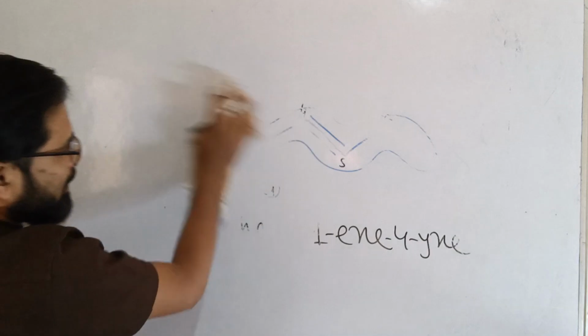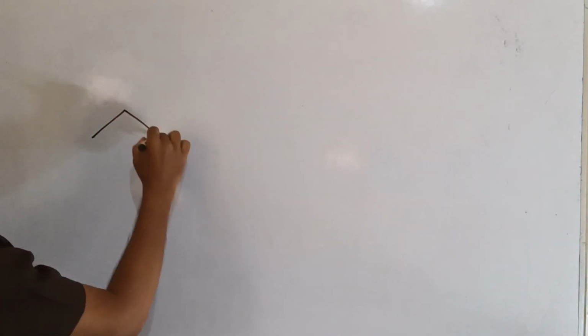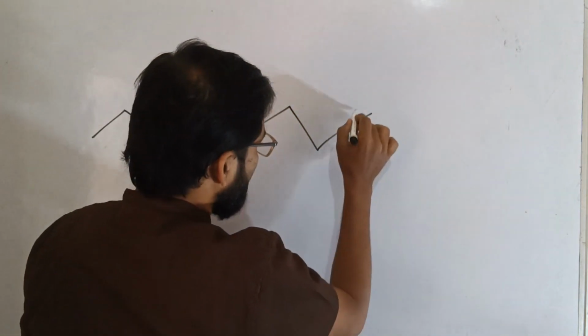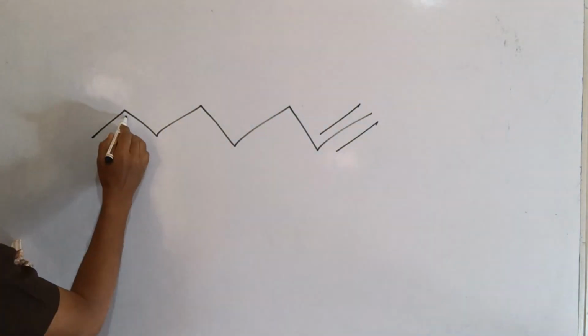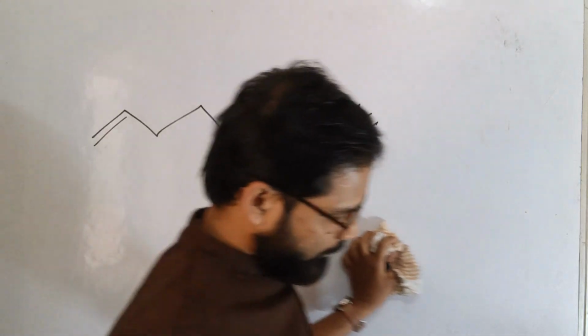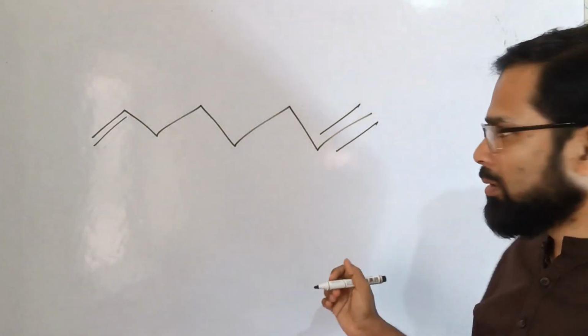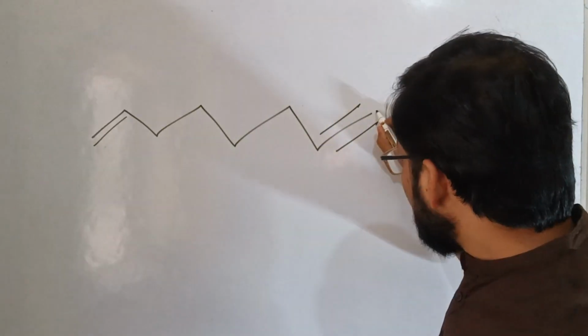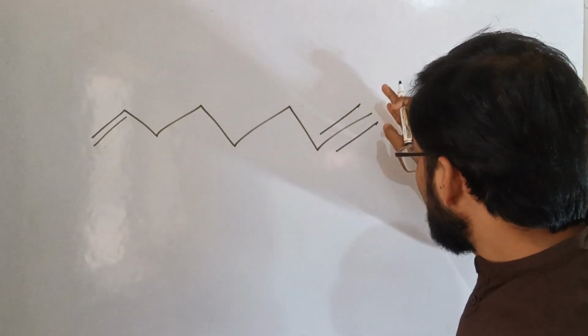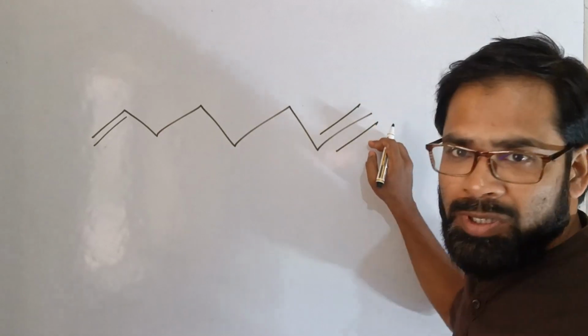If we see another scenario, let's say here a triple bond, here a double bond. Now the numbering. If we start from the right side, the first carbon has the triple bond.